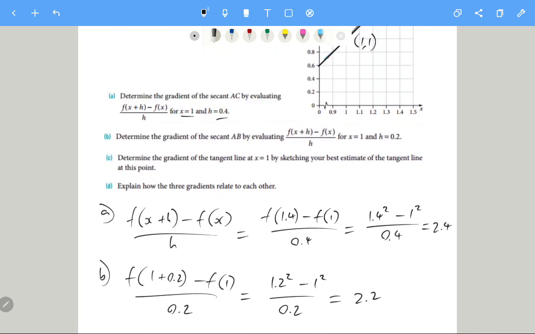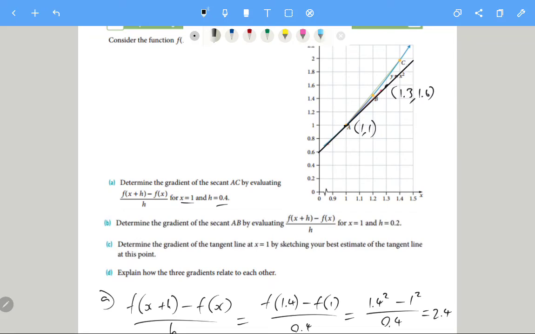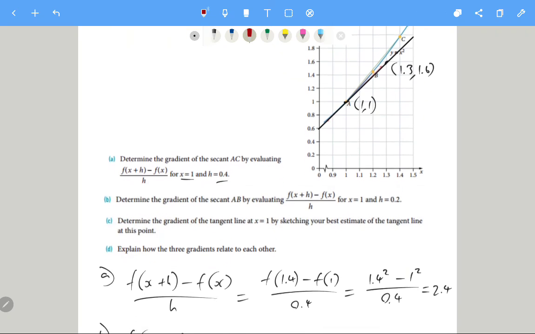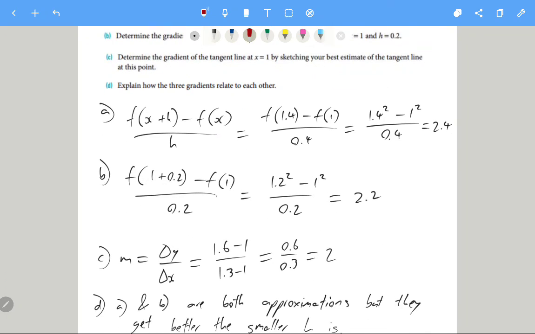Because obviously our tangent line, this tangent line here, is a much better approximation than the line AC. So if we can actually get a tangent line, we're always going to get a better approximation.